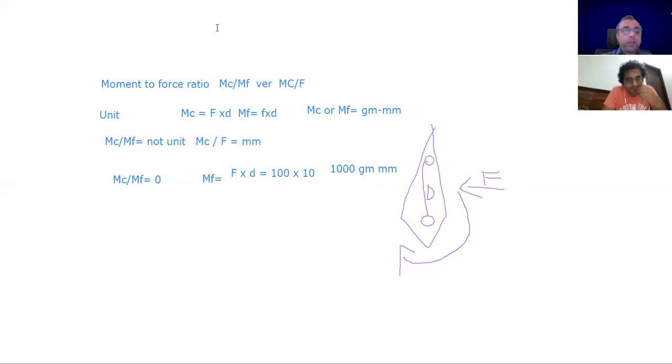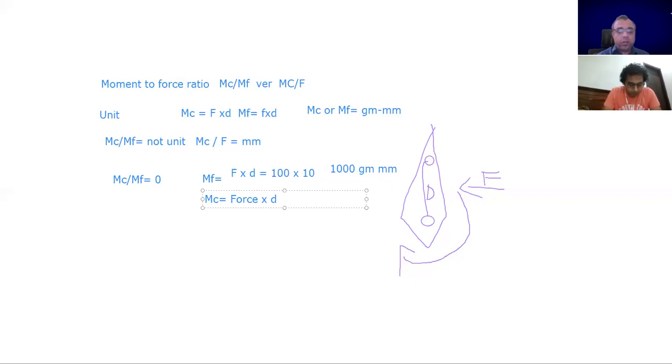The second component here would be moment of couple. If it's a removable appliance, or we have used a very light, flexible wire, then there is no couple acting along. With a removable appliance we are creating no couple, no force, and no distance.